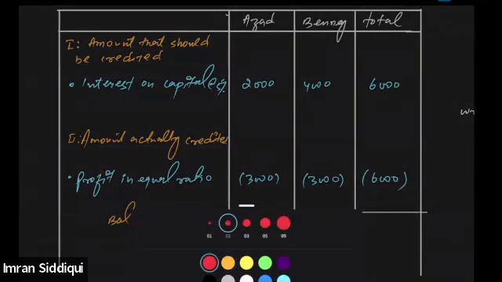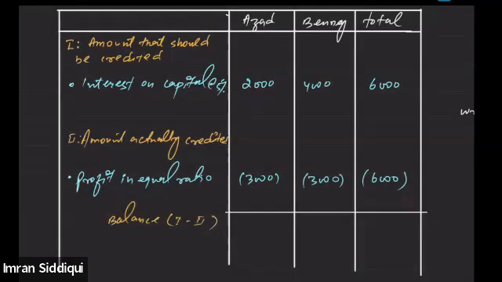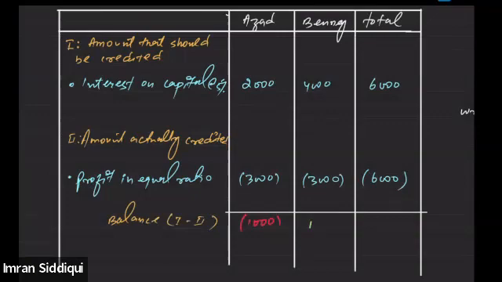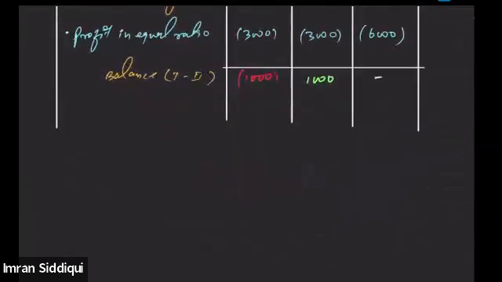That means we have credited 1,000 in excess of what his account should be credited, right? And Benny's account should have been credited by 4,000, but his account is undercredited by 1,000, right? And done. And there will be nothing in the final column.